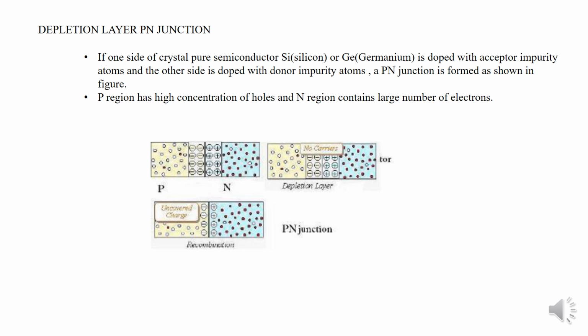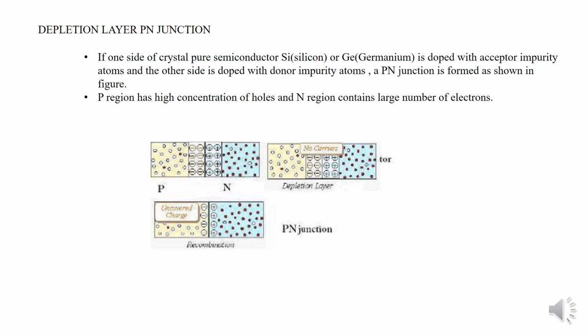One side of the crystal, the pure semiconductor germanium, is doped with acceptor impurity atoms and the other side is doped with donor impurity atoms, and the PN junction is formed. As shown in the figure, the P region has a high concentration of holes and the N region contains a large number of electrons. The free electrons and holes cross the junction by a process called diffusion.